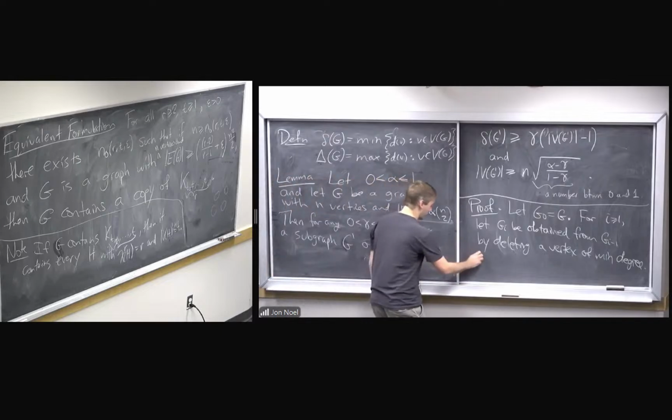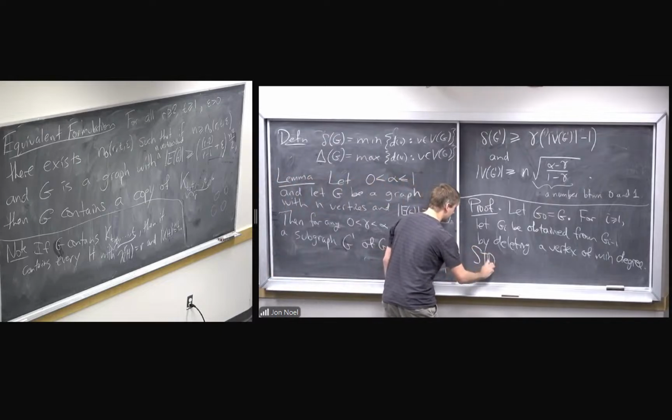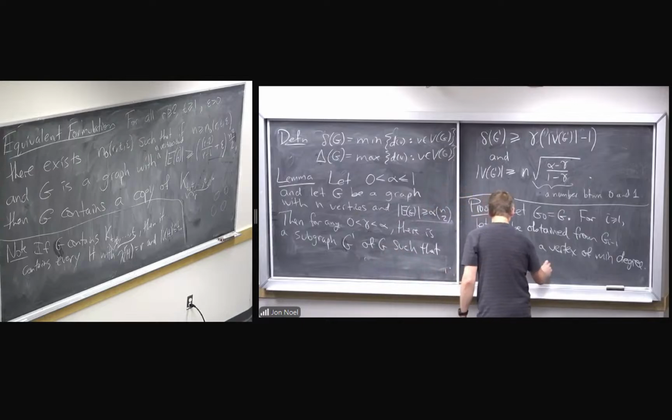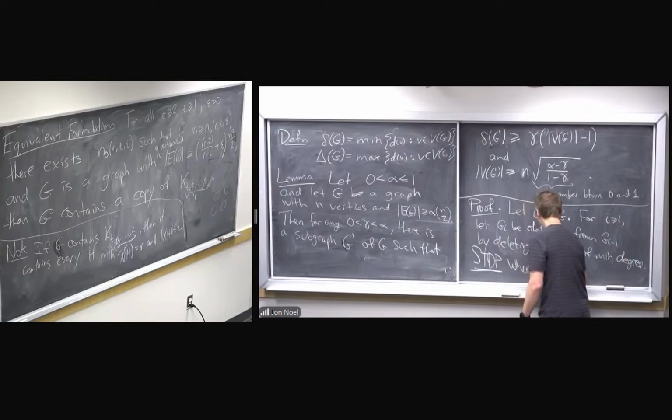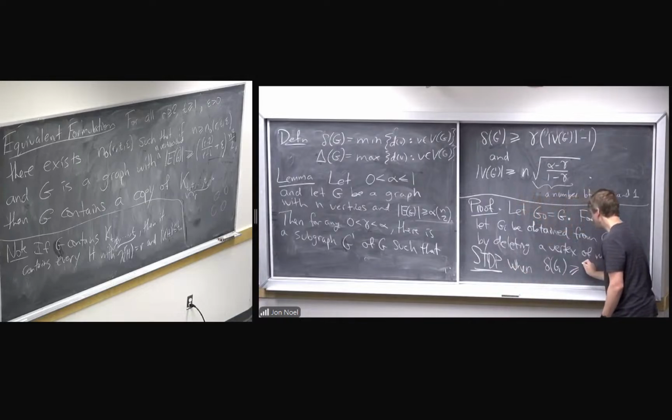And we're going to stop this process when the minimum degree of Gi is at least gamma times the number of vertices in Gi minus 1.